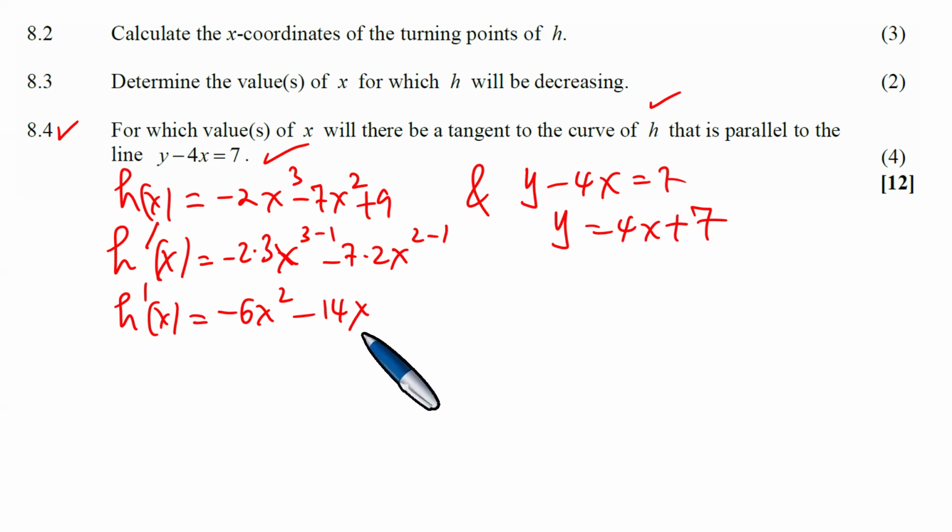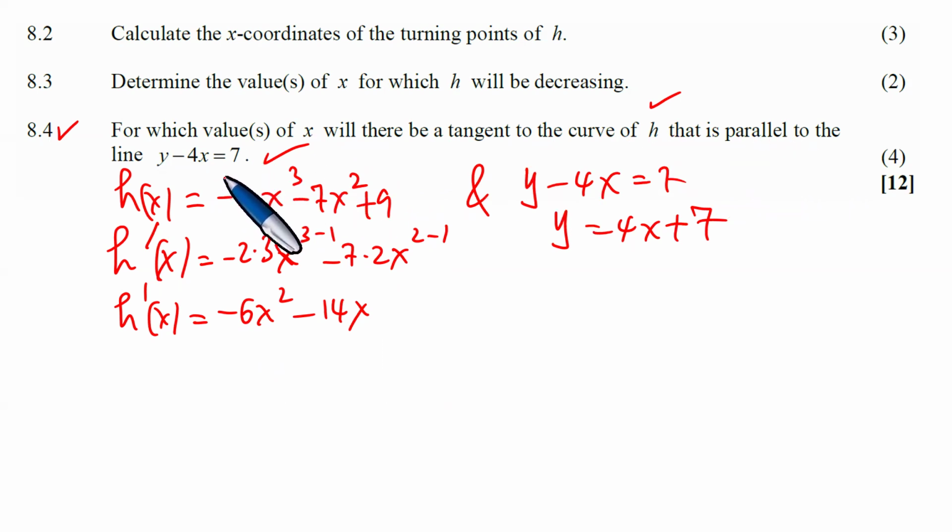So at this point, we are understanding the question, because the examiner is saying here, for which values of x will there be a tangent to the graph of h that is parallel to the line.